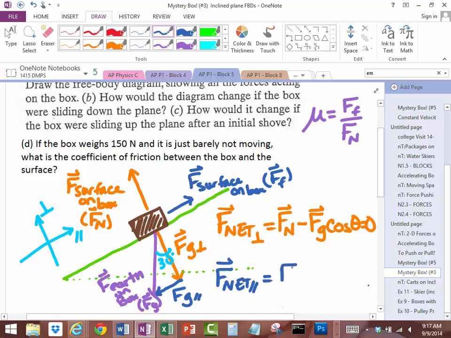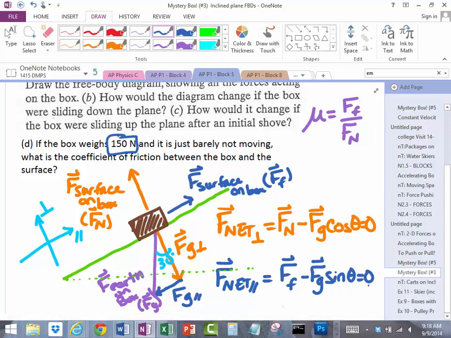Pay attention to what this says. That is FG. Yes. Because that's the force already. Is that okay?